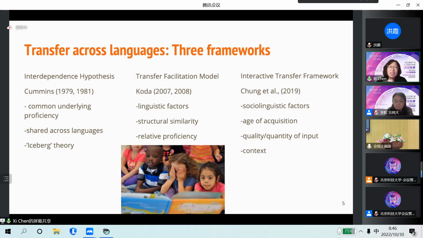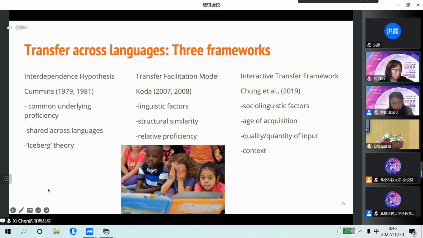So in this context, sometimes you see transfer in both directions, from first language to second language, and also from second language to first language, because instruction plays a role in facilitating transfer. In Keiko's model, typically, they focus on adult learners of a second language whose first language is well established, so you're more likely to see transfer from the first language to second language.